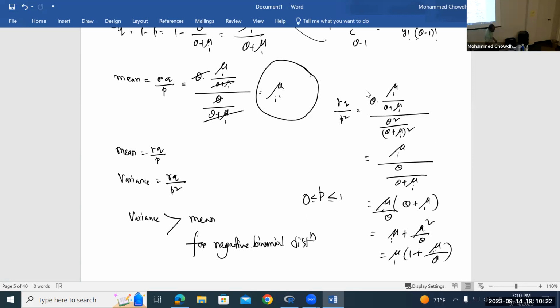If it were negative, that means you are destroying everything. It can never be negative. So this is a positive quantity, and that is 1. So that means this variance is bigger than the mean. So our condition from the original negative binomial distribution is satisfied for the new distribution.